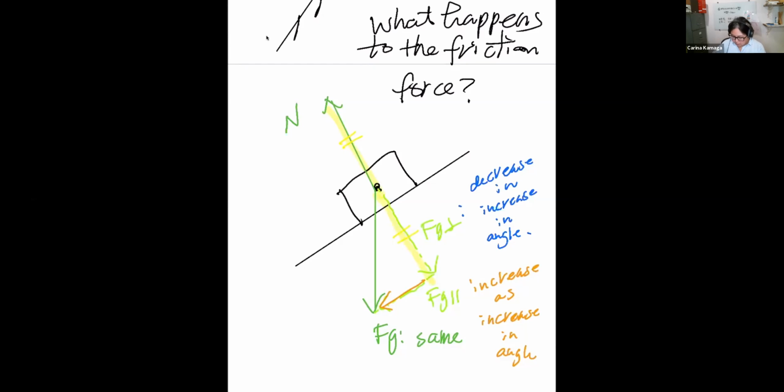So then there is that decrease as the angle increases.